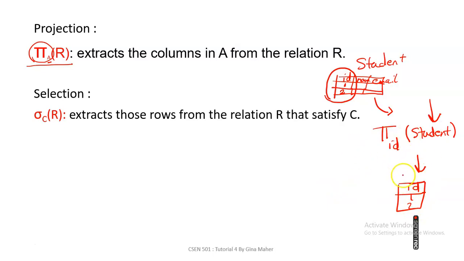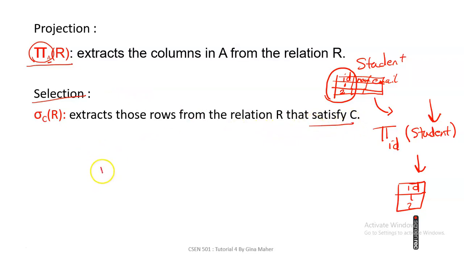This is the projection. So in the projection we care about extracting a vertical portion or a column from the relation. The second operation is the selection. And in the selection, we care about extracting some rows or tuples of the relation that satisfy condition C.